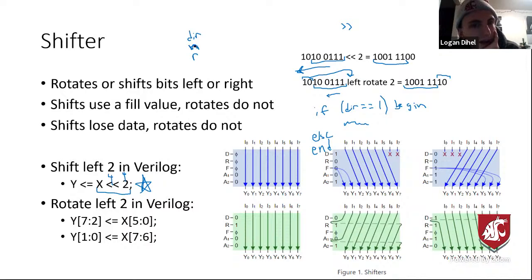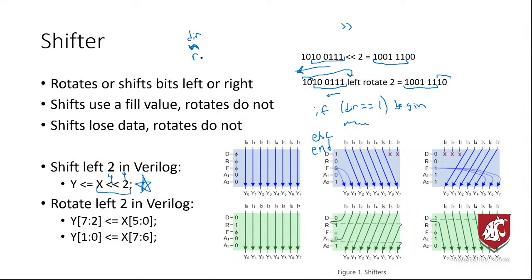I'd be surprised if this one came up on the exam because it wasn't on the last one, but you never know. Well, I remember a question where we had to document the behavior and we were given control inputs for fill and rotate, I think, and we were supposed to shift the bits.